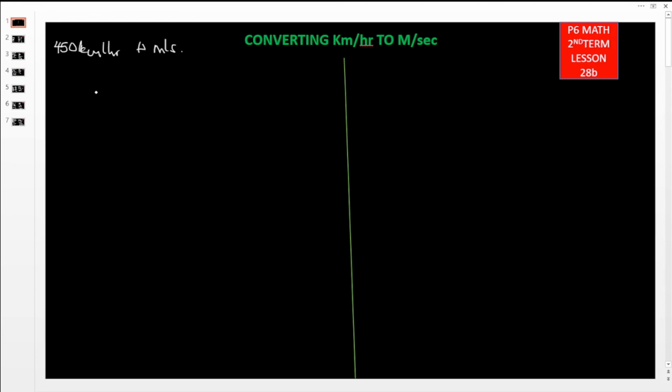Then convert 675 kilometers per hour to meters per second.